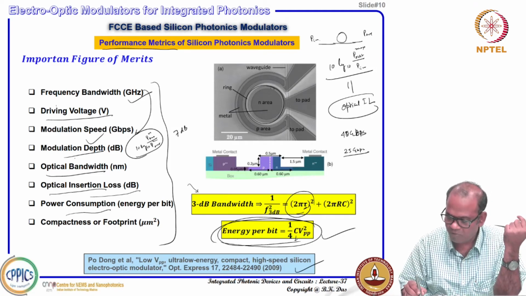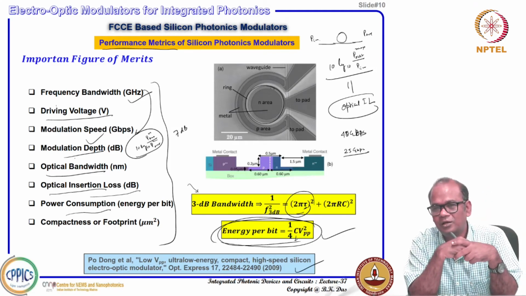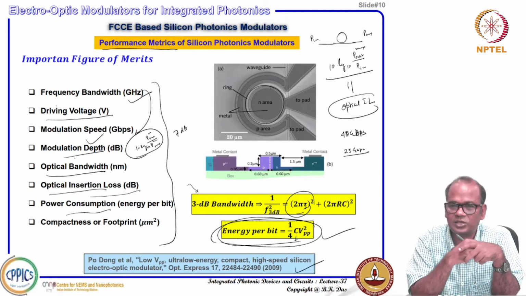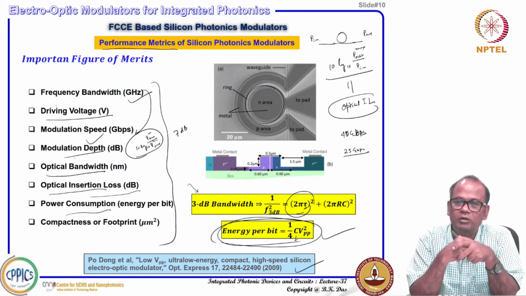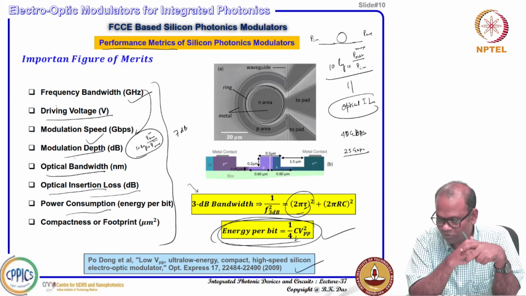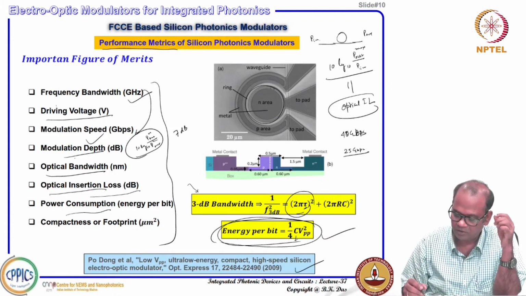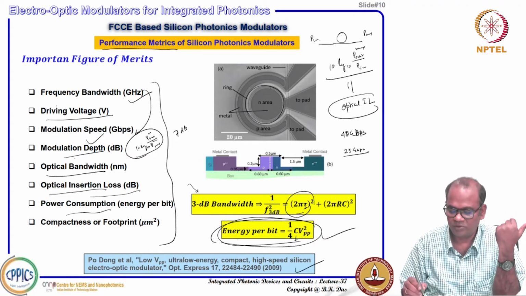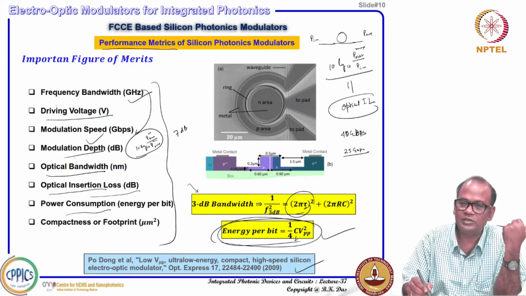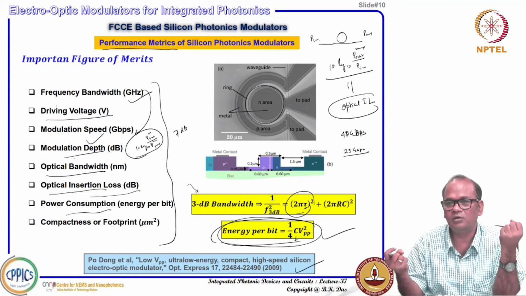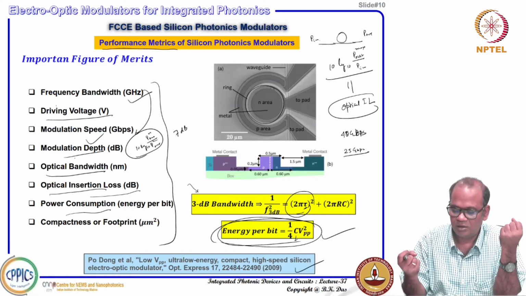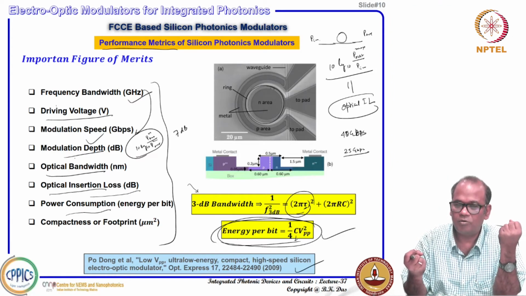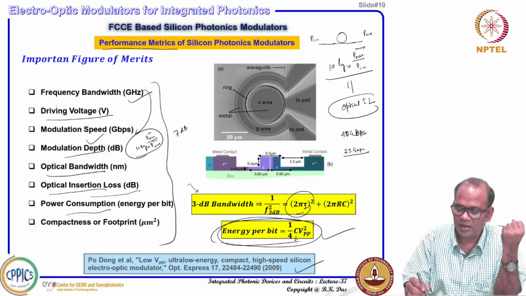This tau measures the relaxation time, and it depends on the Q value, the quality factor of the ring resonator. The smaller the tau, the faster you can operate. When some energy is stored, whenever you are switching the signal from high to low or low to high, the stored energy should be released very fast.